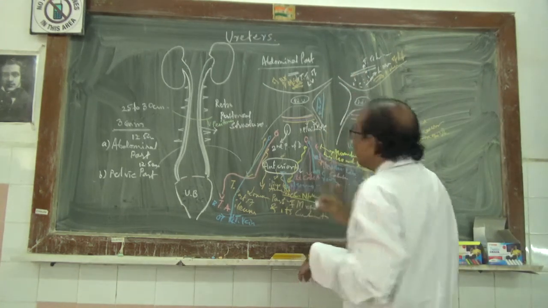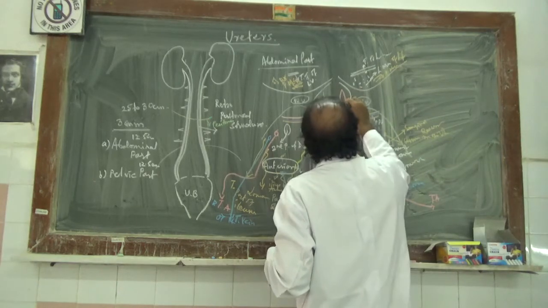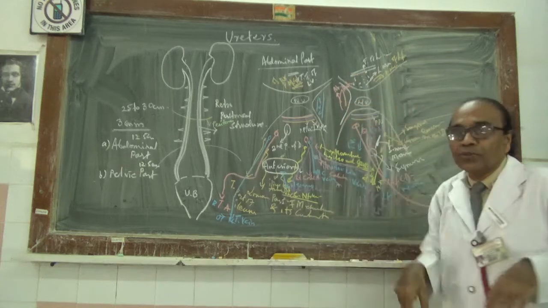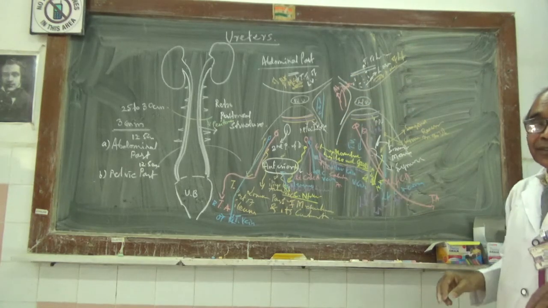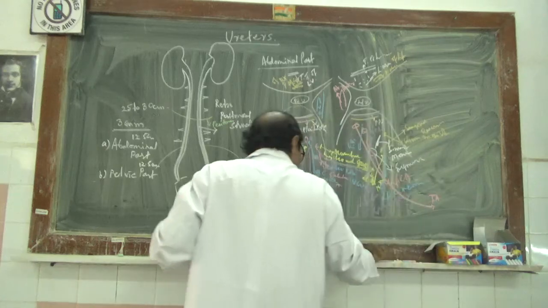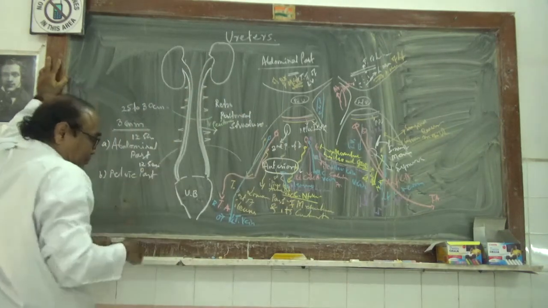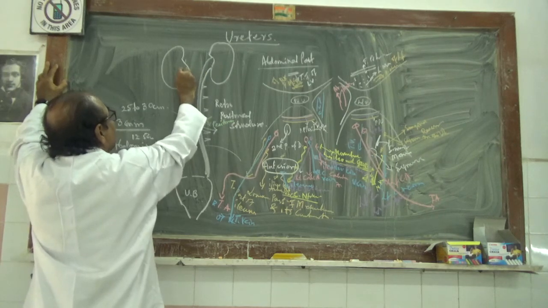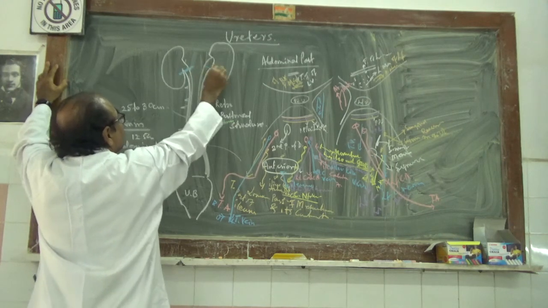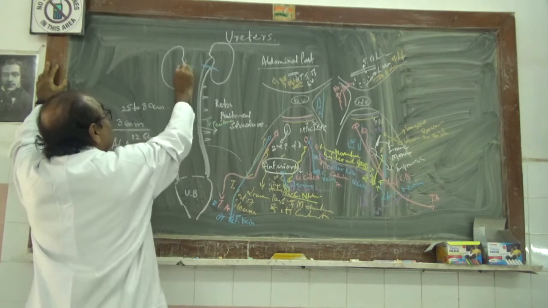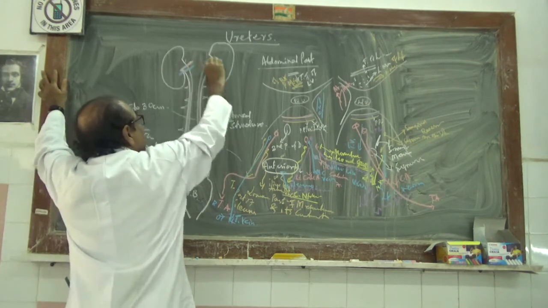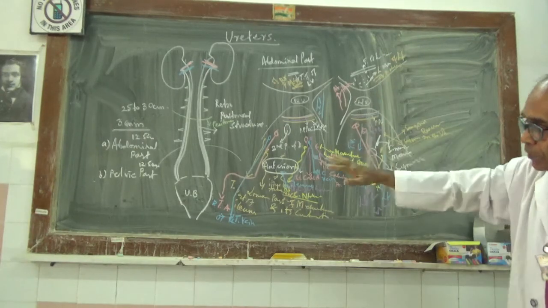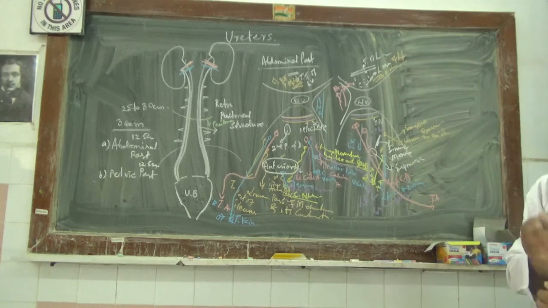Medially you will have the abdominal aorta. Now at the beginning of the ureter, for right and left, in front you will have the renal vein and the renal arteries. So this is the abdominal part of the ureter.